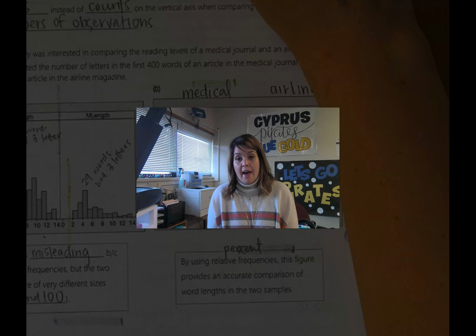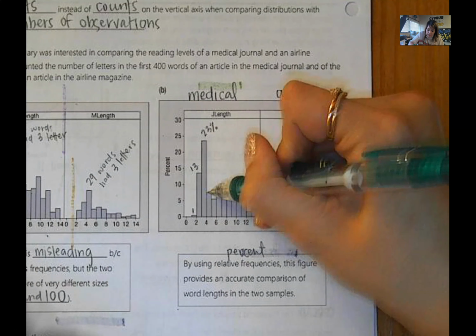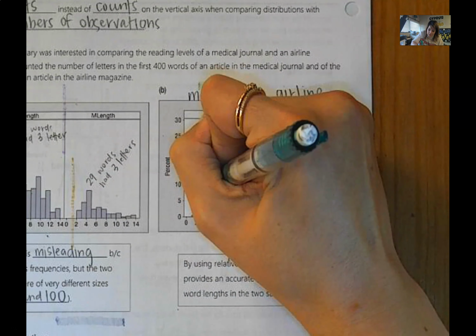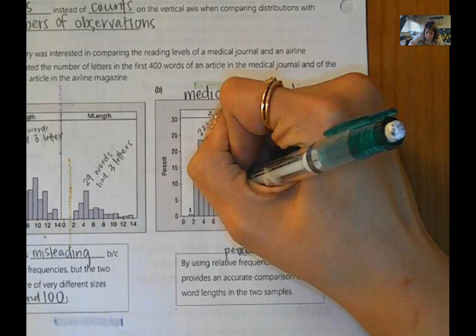So up to this point is 37% of the data. Okay, in my next one, that looks like 7, and this one looks like 5-ish. I'm just estimating.